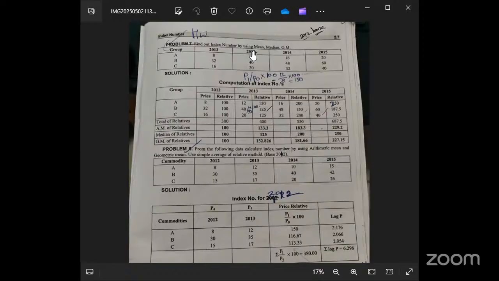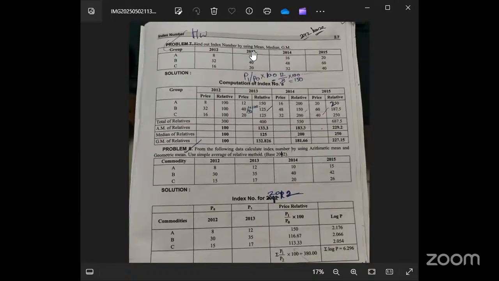Then in 2013, the middle term is 125. Then similarly, the most repeated number in the median is considered. So 125, 200 and 250.